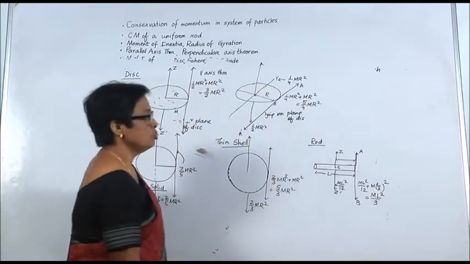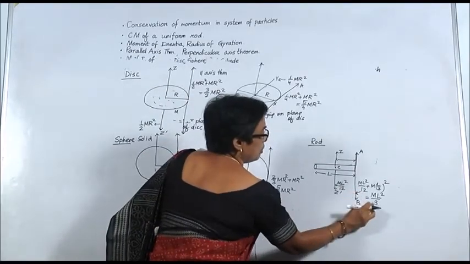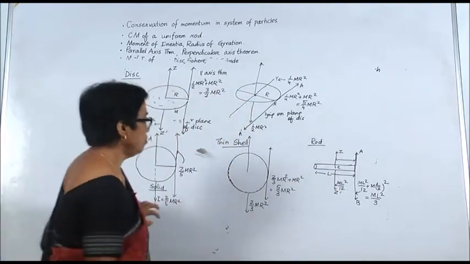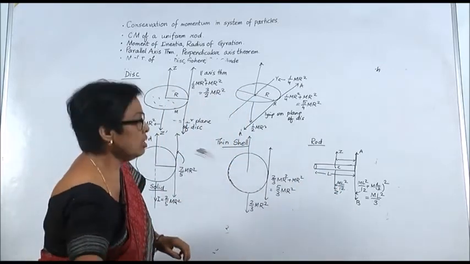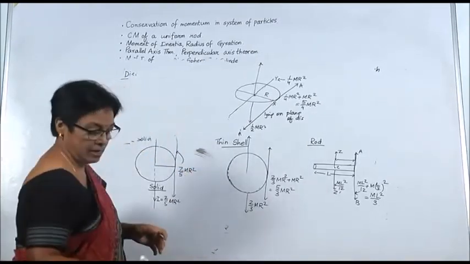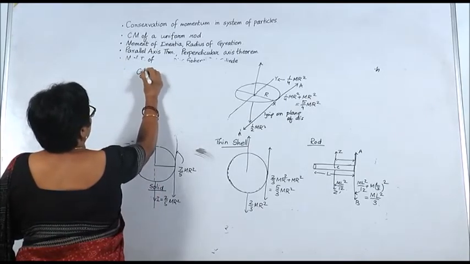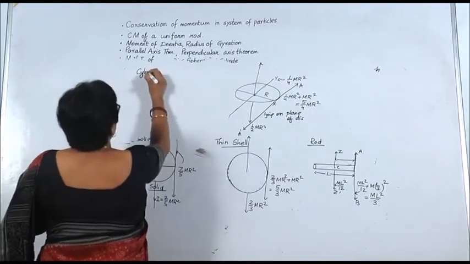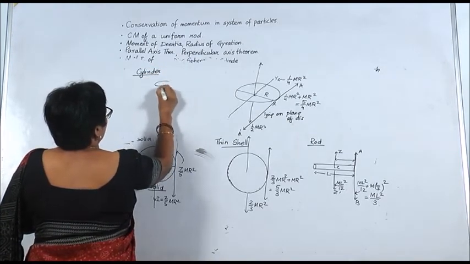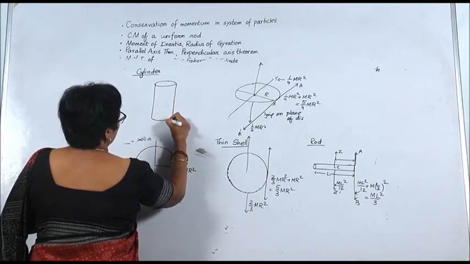So for different axes, when the axis is this, the moment of inertia is this. When the axis is z z dash, it is m l square by 12. Then I am left with the case of a cylinder, like this, a right circular cylinder.